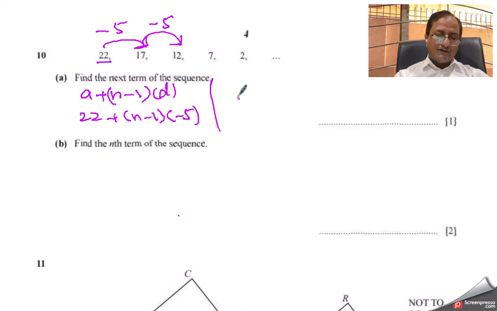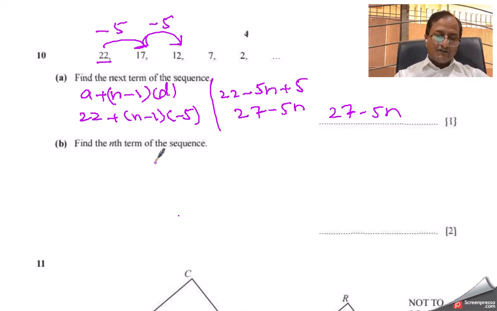We're supposed to solve it. We have 22 plus, multiplying negative 5 by n gives us negative 5n plus 5. The formula becomes 27 minus 5n. 27 minus 5n is the formula for the nth term.